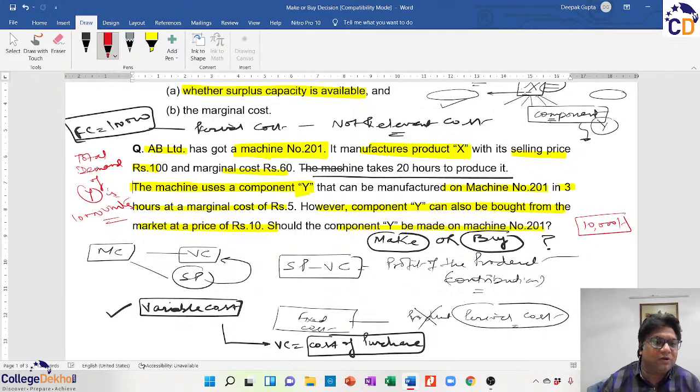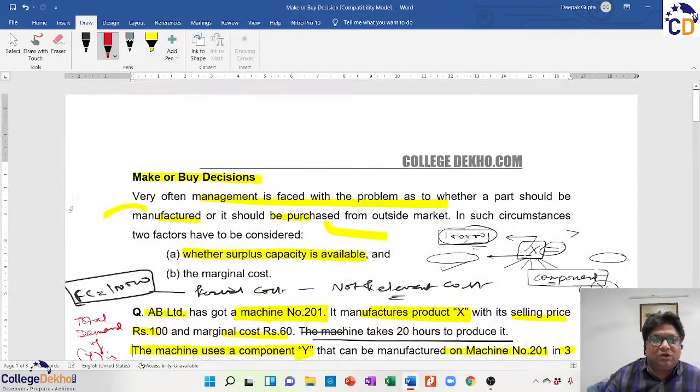So ₹1 per unit is the cost which is making the difference. Hence, this ₹1 is also known as the differential cost to make a choice between make or buy. So this make or buy decision has to depend upon the differential cost.